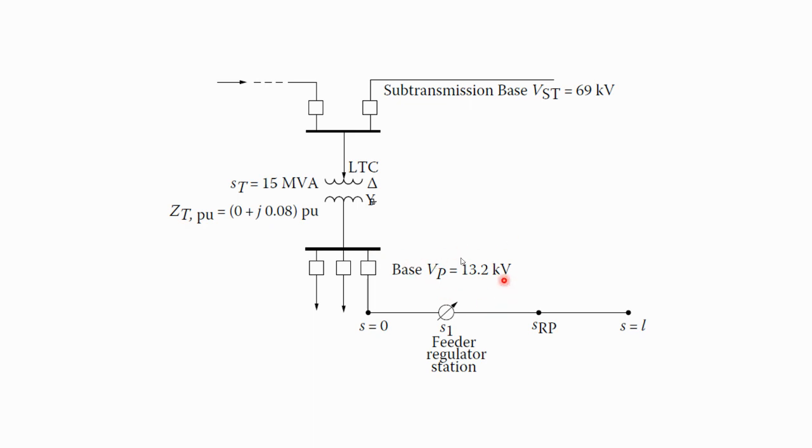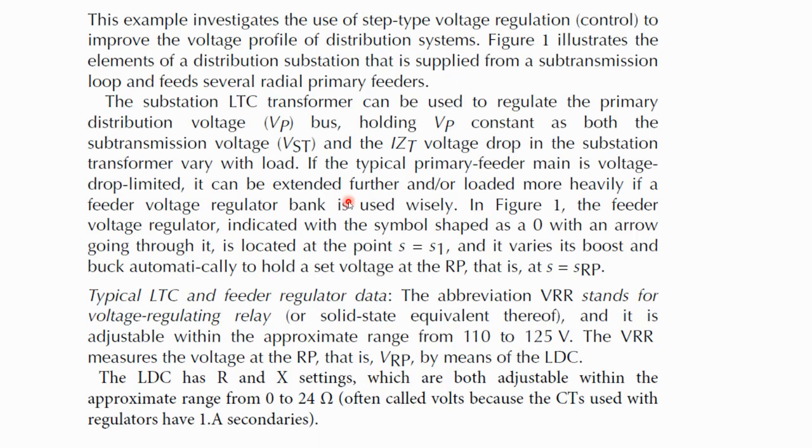This is the base voltage value for this level, this is the base voltage value for this level, and this is the base MVA for the transformer LTC. Let's go through the descriptions of the data of the network, so that we can analyze what kind of data we can extract from it and what kind of analysis we can perform.